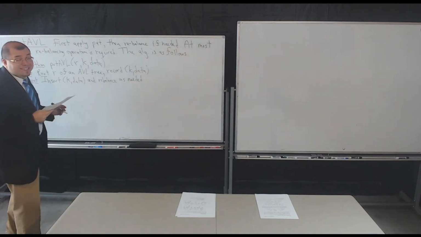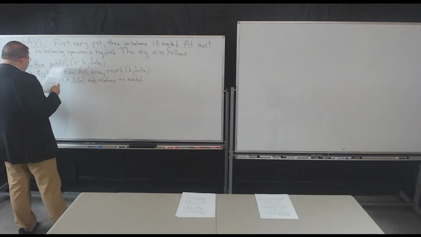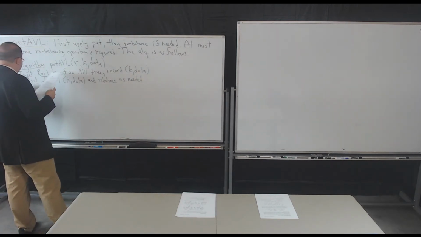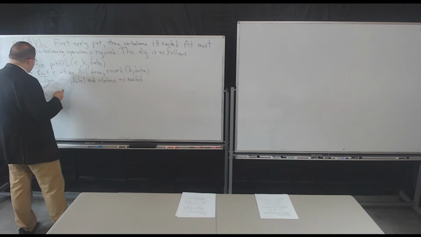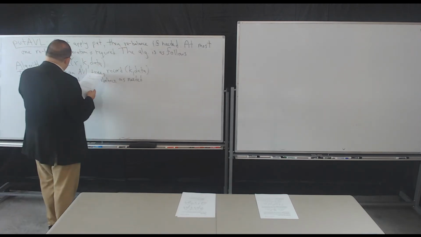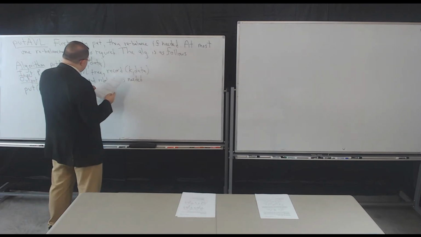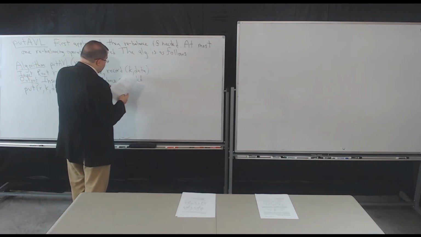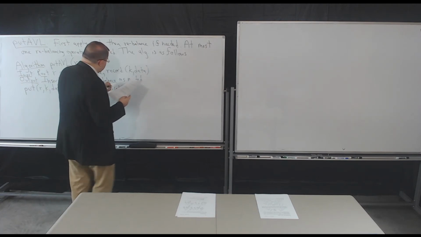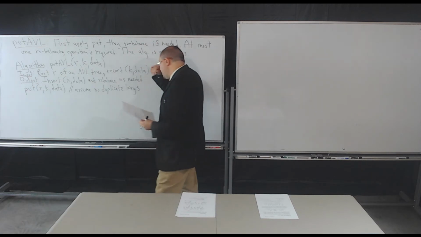This is going to look deceptively simple. It's because the rebalancing does all the work. So I'm just going to apply put R, K, and the data. I'm going to assume there are no duplicate keys when I do this.